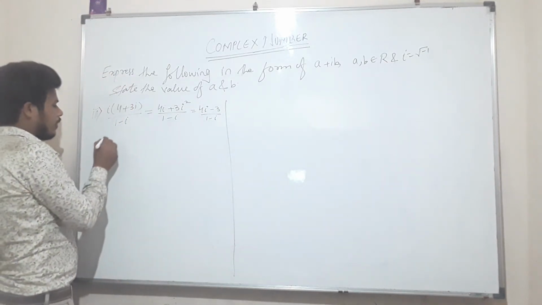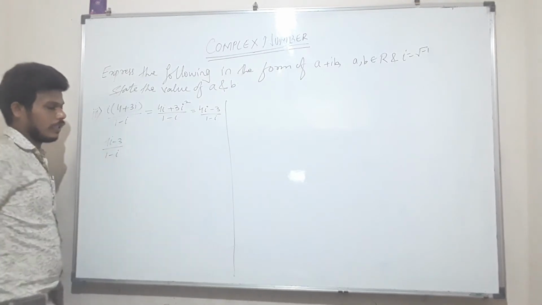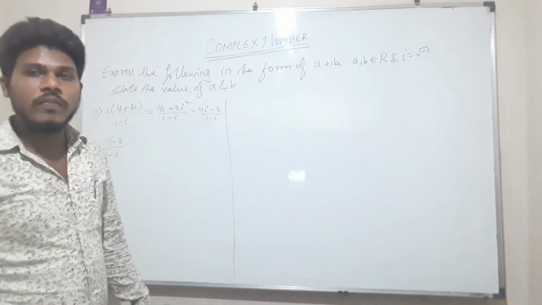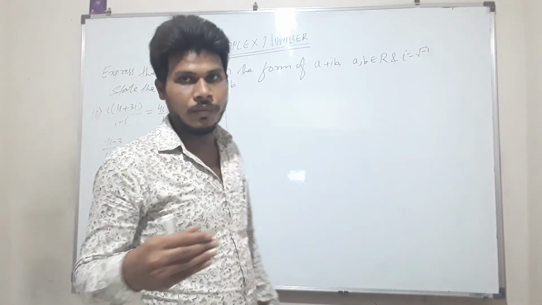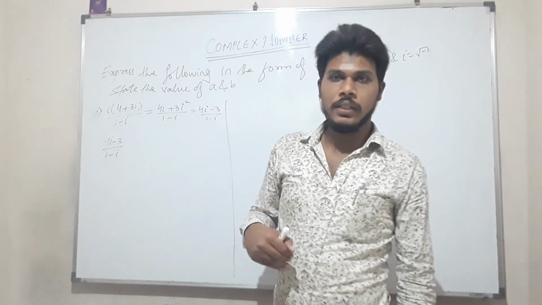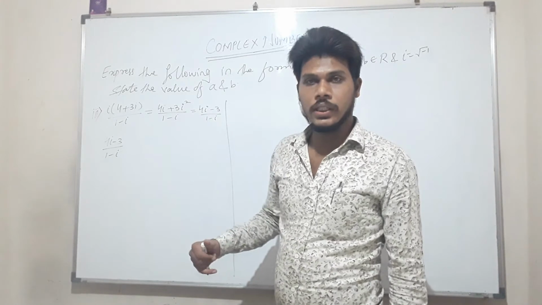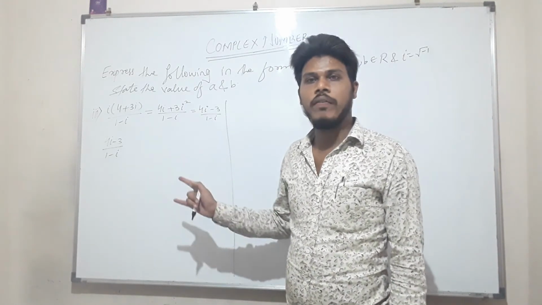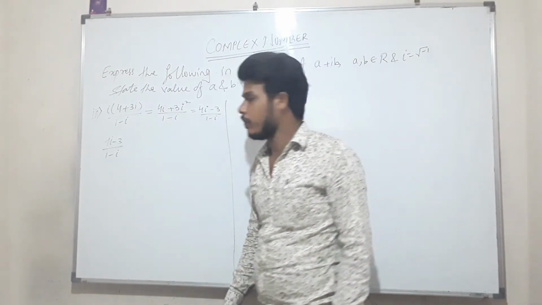Now this is nothing but division of complex numbers, (4i minus 3) upon (1 minus i). So what do we do in division of complex numbers? In division of complex numbers we have to take the conjugate of the denominator and multiply and divide by that conjugate.